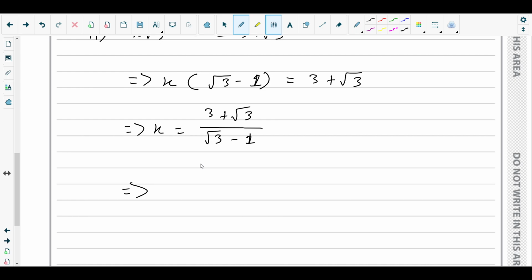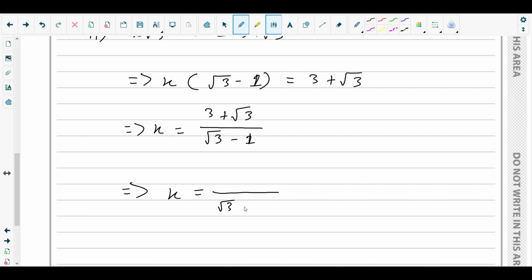In order to eliminate the irrational number from the denominator, we have to square it, so we use the formula for difference of squares. We need to multiply the top and the bottom by the conjugate pair of the denominator.